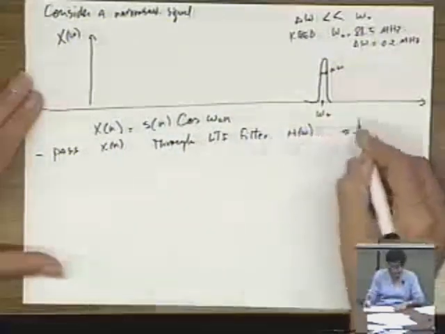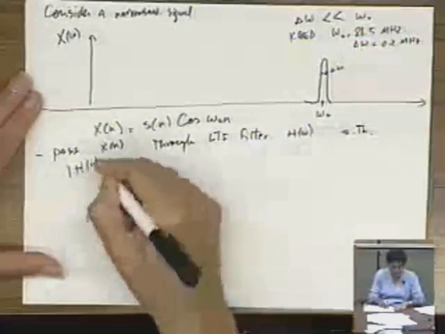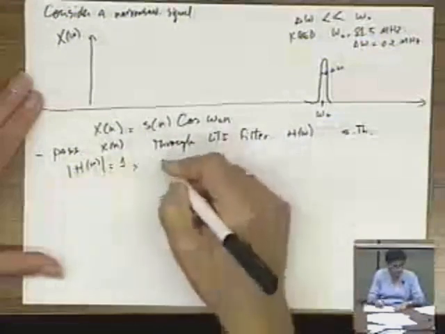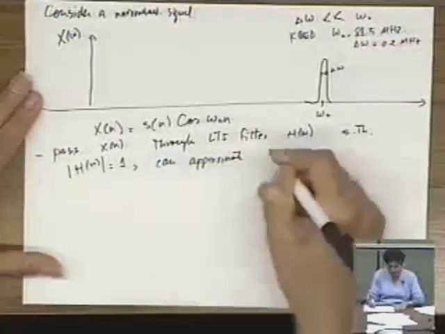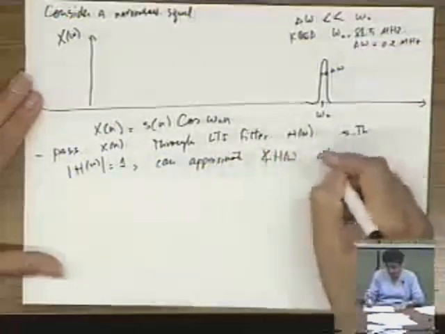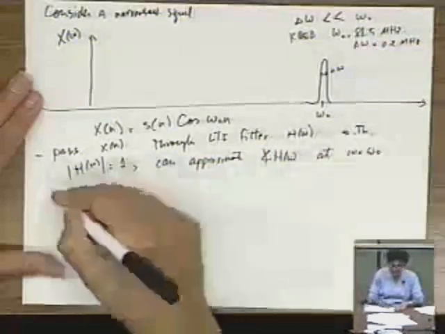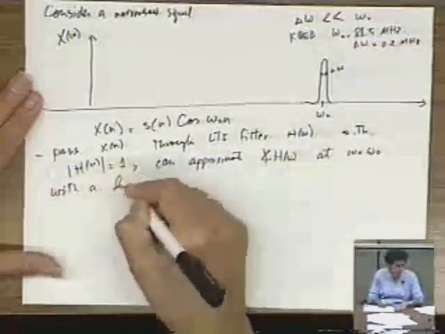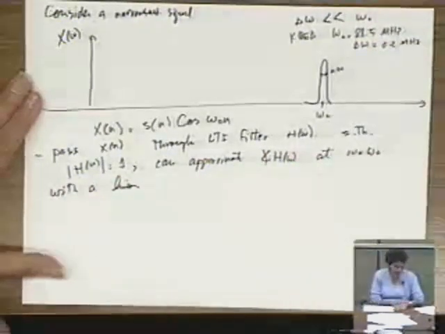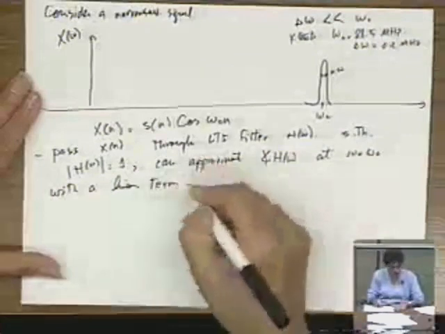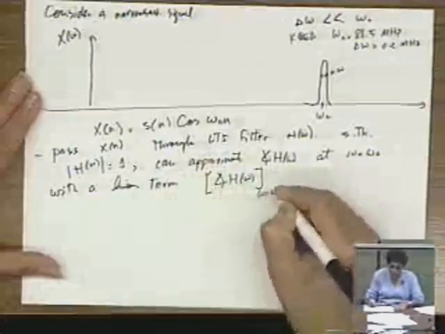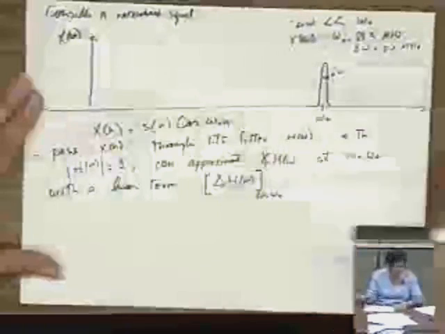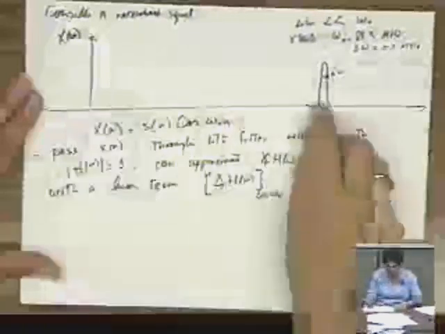You pass X of n through some LTI filter H of omega, such that the magnitude of H of omega is 1, but you can approximate the angle of H of omega at omega equals omega naught with a linear phase. With a linear term like this, you can say that the angle of H of omega in the vicinity of omega equals omega naught.